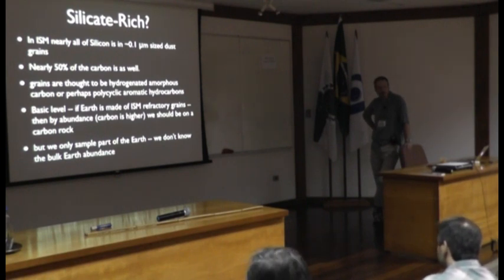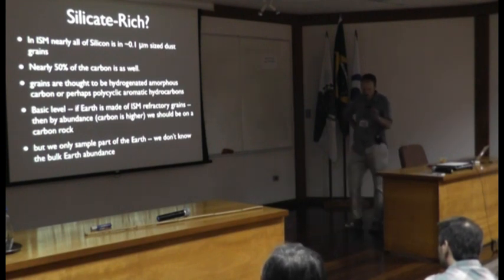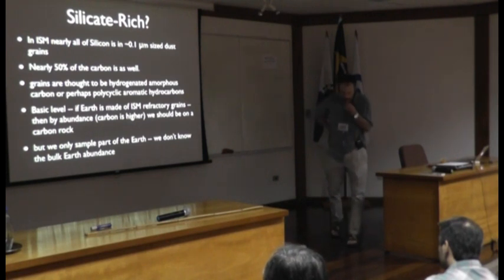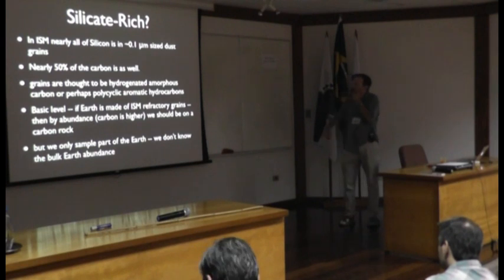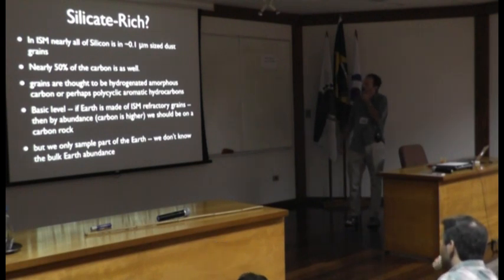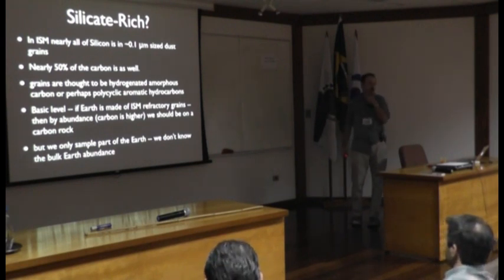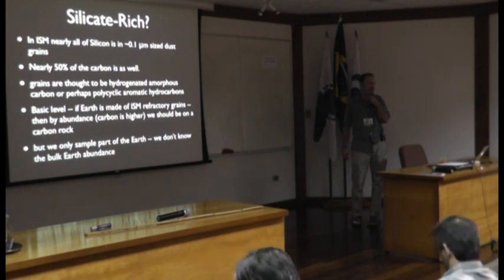Now, in the interstellar medium, all of the silicon, certainly to the 95%, maybe 99% level, is in the solid state as these particulate matters that absorb starlight and re-emit in the far infrared. And we also know that about half of the carbon is in the solid state as well.